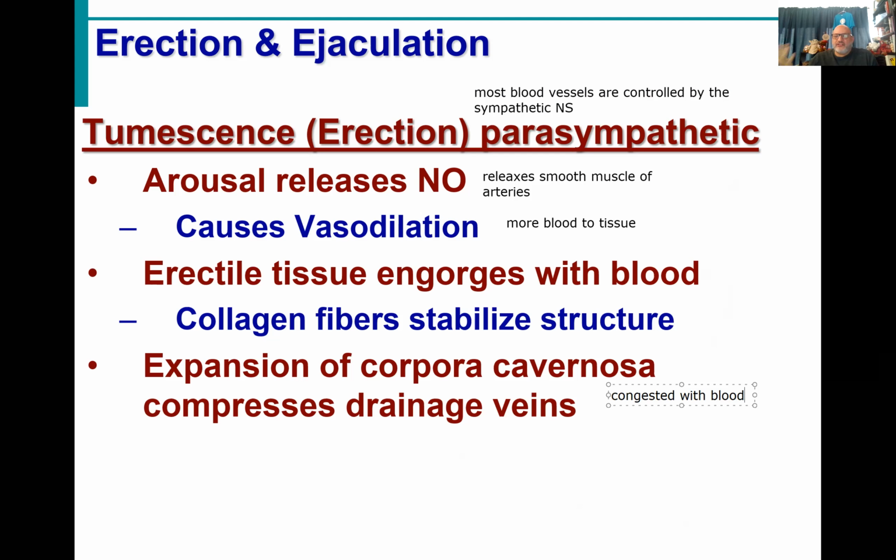Right, if you have an erection that lasts more than 4 hours, go see a doctor immediately. Because if that area stays congested with blood for a prolonged period of time, that tissue starts to get deprived of oxygen and can become necrotic and can die. Right? And as we've talked about, when tissues die, there are two ways to repair it: regeneration or fibrosis.